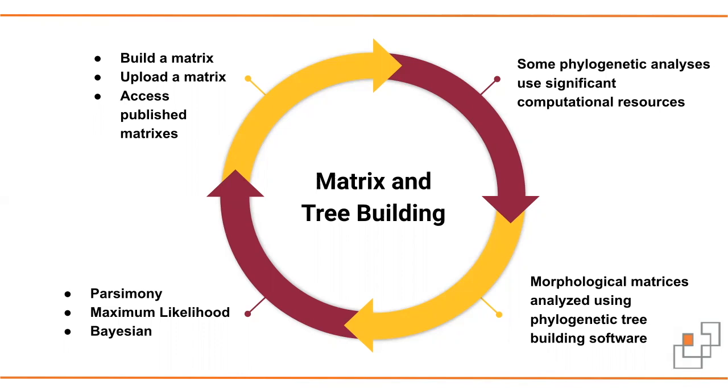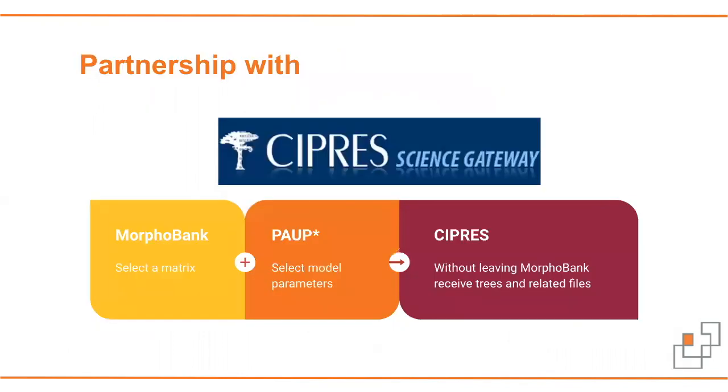However, a lot of these phylogenetic analyses use significant computational resources, so MorphoBank has the capabilities within it to analyze the data. So basically, you can do a parsimony, maximum likelihood, or Bayesian analysis without even leaving MorphoBank. To do this, MorphoBank has partnered with CIPRES Science Gateway, which is a public resource for inference of large phylogenetic trees.